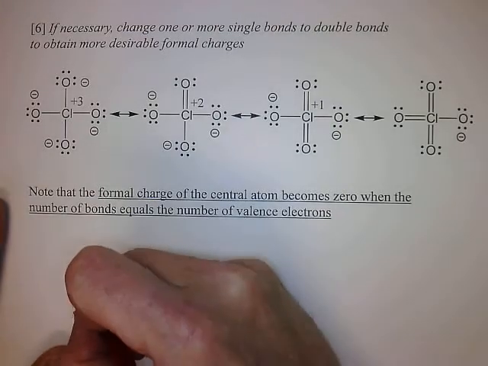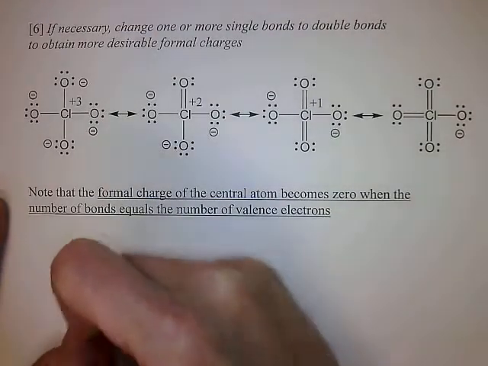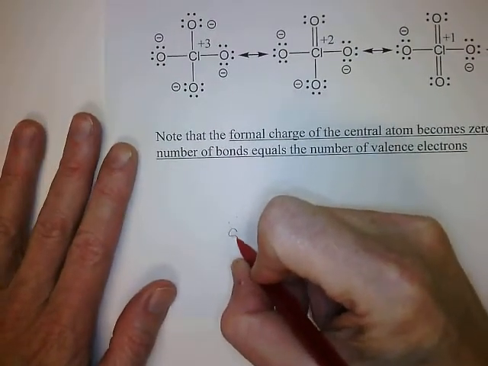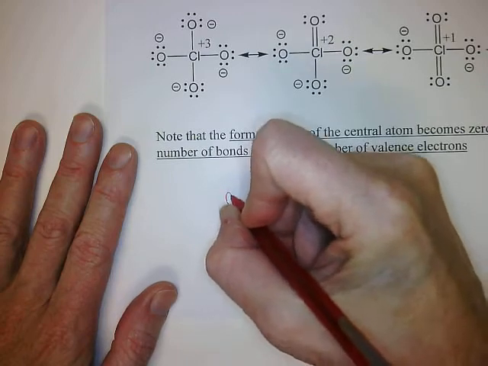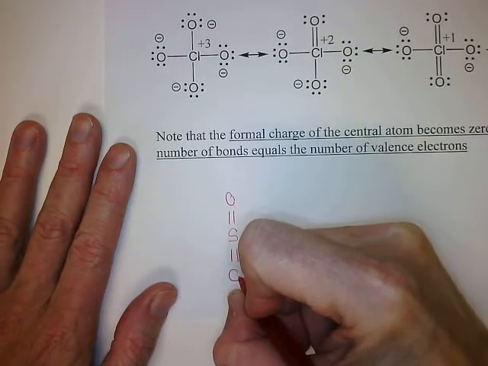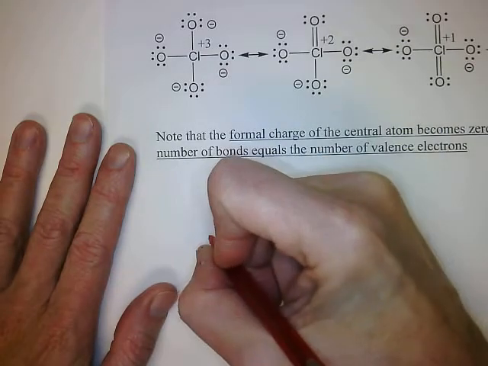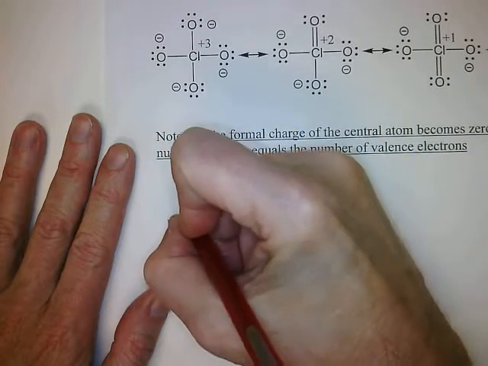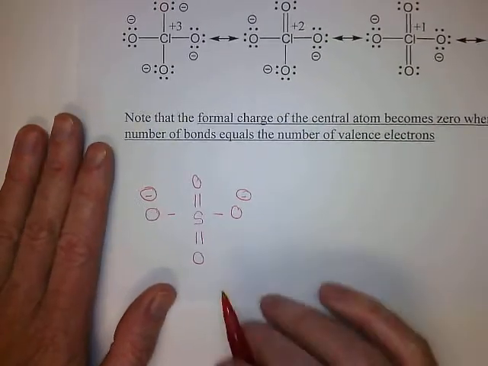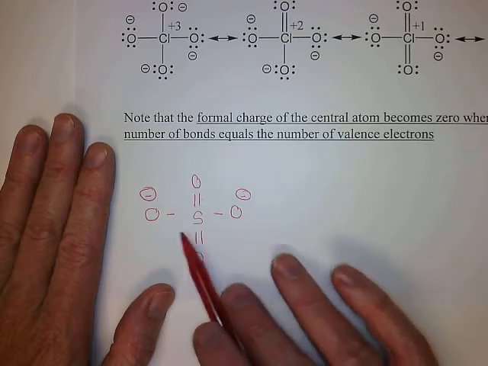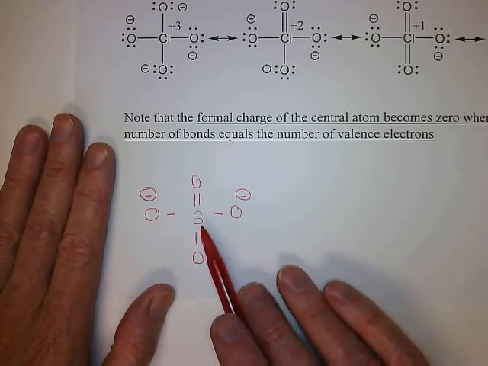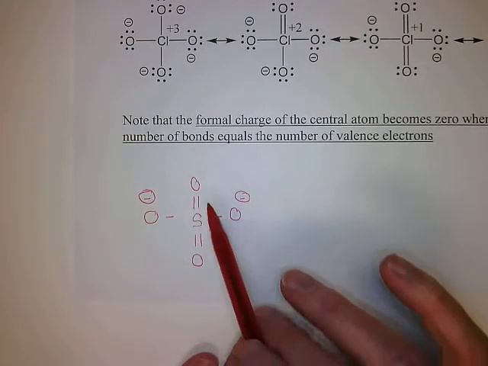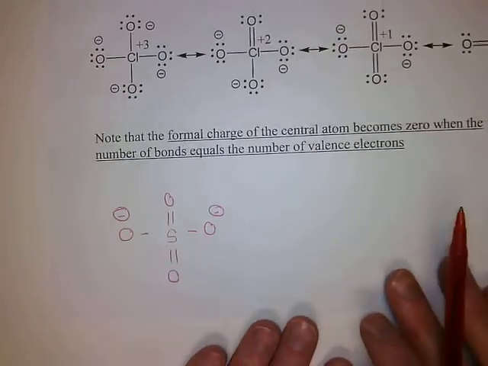This is the same reason, for example, why you will often see the structure for the sulfate ion drawn like this. Because sulfur has 6 valence electrons, this is the structure that reduces the formal charge on the sulfur to 0. This is just one of several structures, but it's the one that gives the sulfur a 0 formal charge.